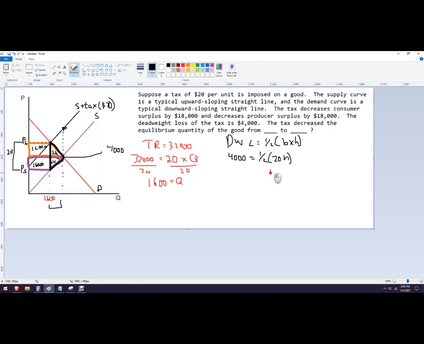So this gives me 10H and then 4,000. And so H now represents the height of that triangle, a difference of 400. Okay, so 400 more is going to be 2,000 right here. And so that's how to calculate the quantity decreased from 2,000 down to 1,600, and that's how we solved that problem.